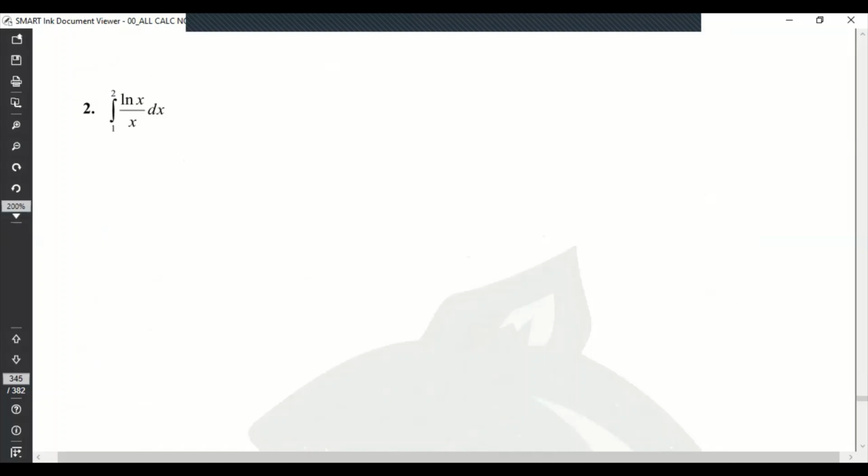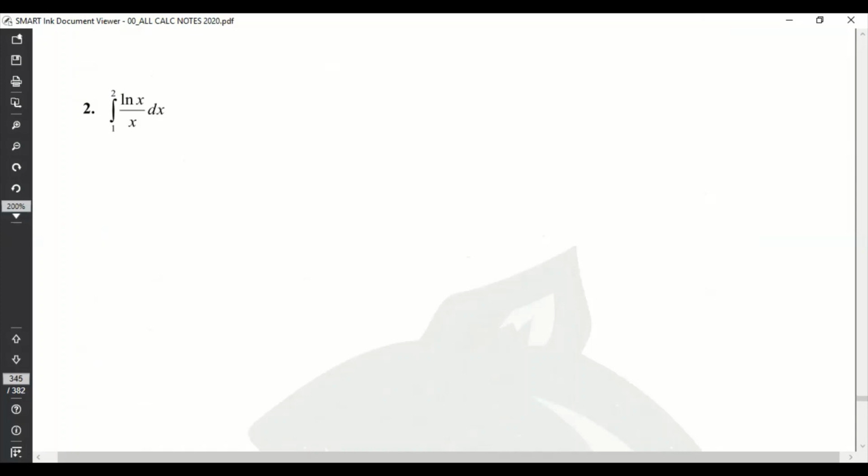Question number 2. We have ln x over x dx. So our u is equal to ln x, and du is equal to 1 over x dx.